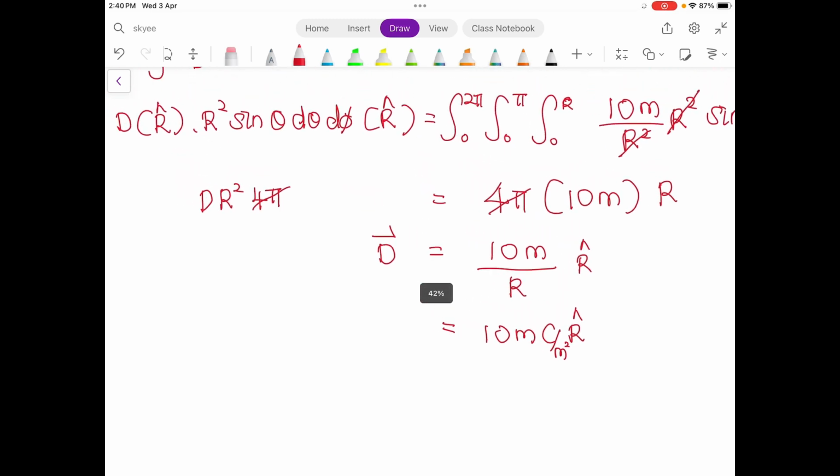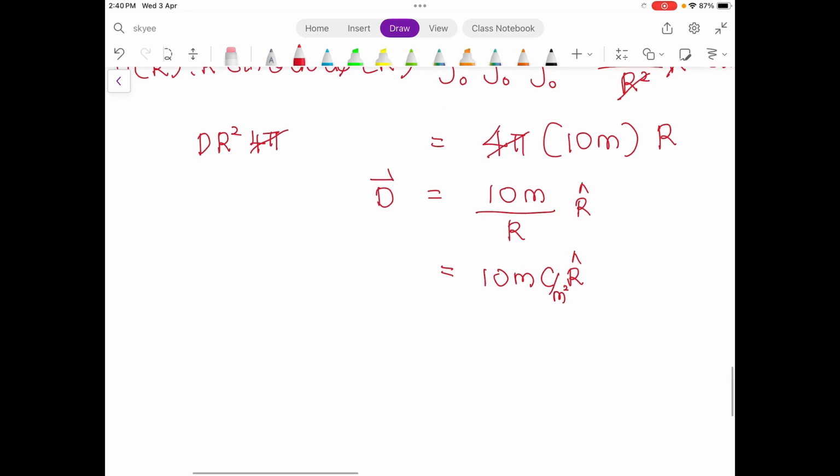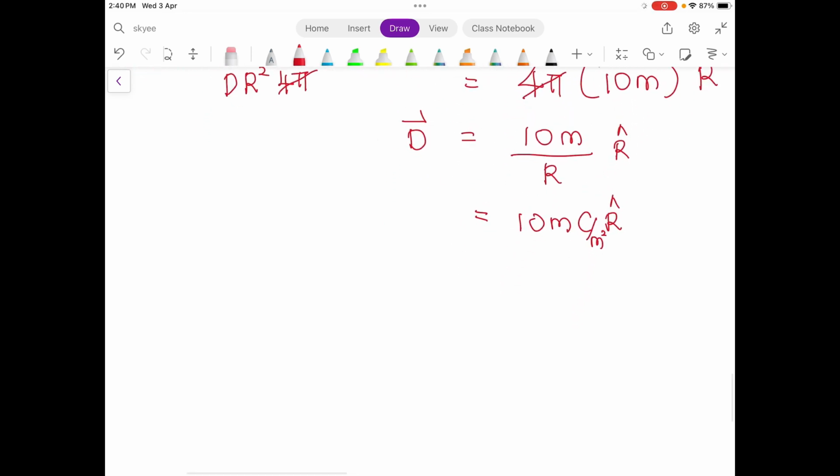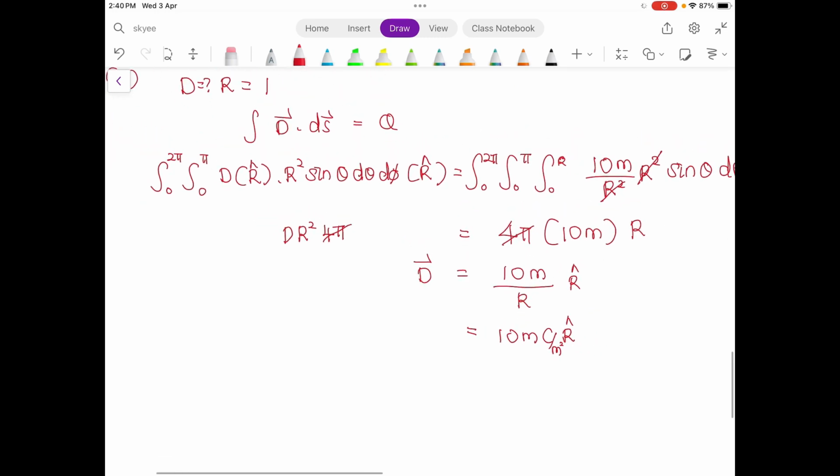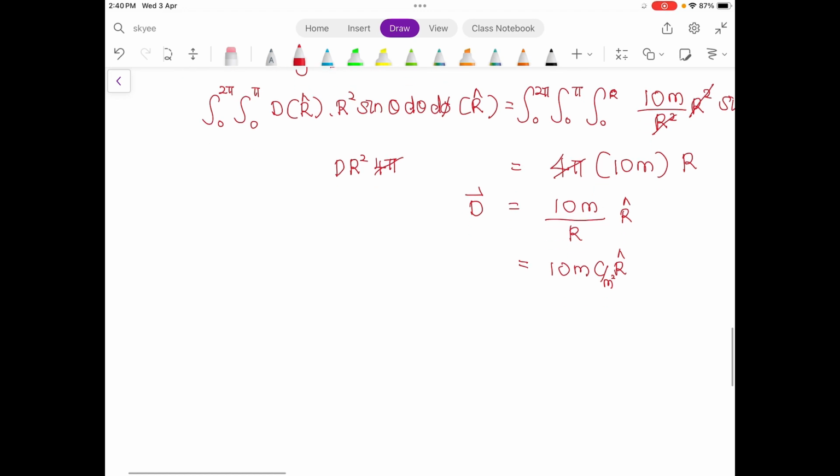Okay, so we go to the next one: determine the D when R equals 5. Basically it's the same thing. You have the right side and also the left side. For R equals 5, the left hand side will be the same thing, 4 pi D R squared.